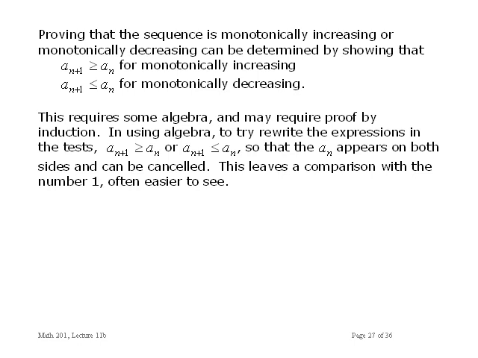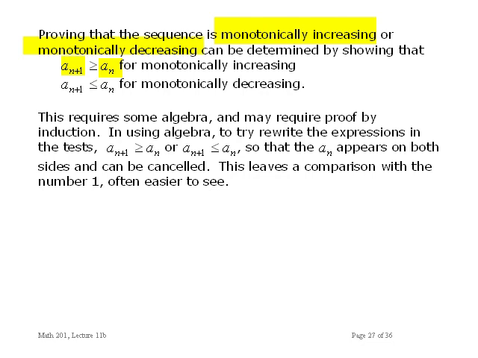Now, how to use this theorem? Well, first you have to show that the sequence is monotonically increasing or monotonically decreasing. In other words, you have to show that the next term is greater than or equal to the previous term, or that the next term is less than or equal to the previous term. This requires some algebra, and it may even require proof by induction.